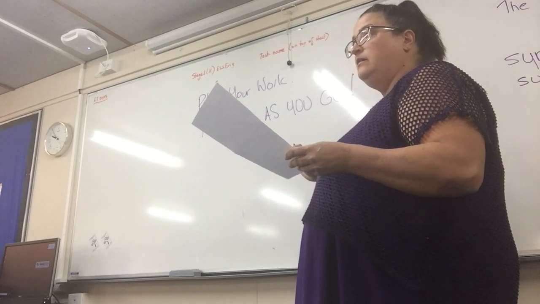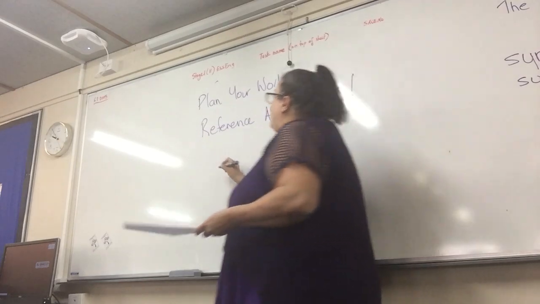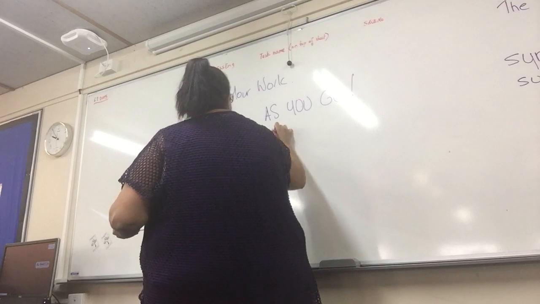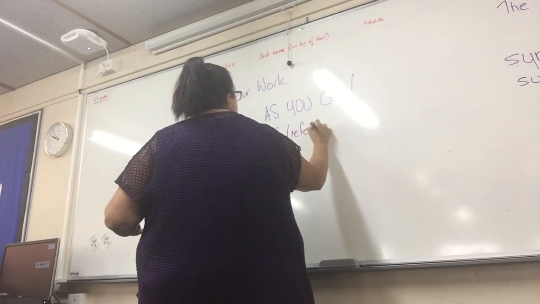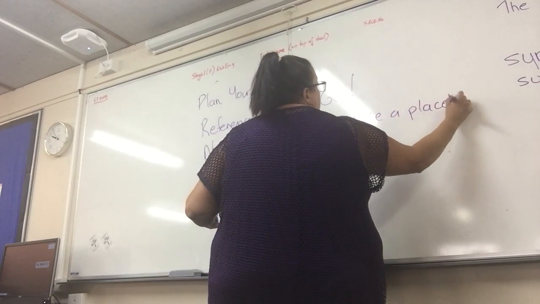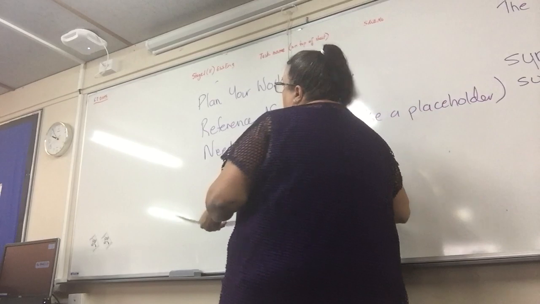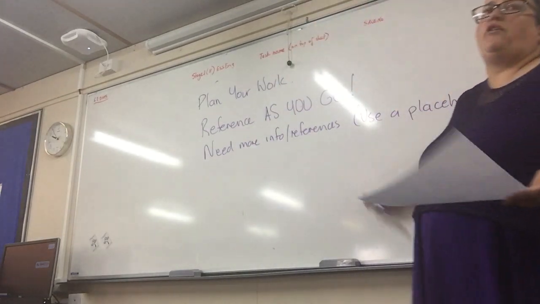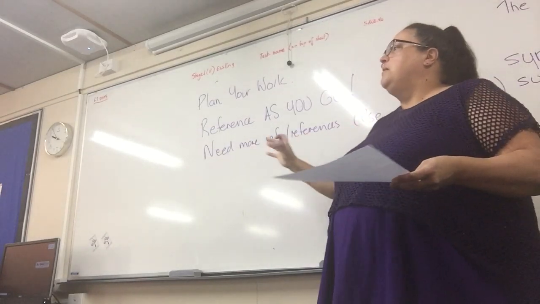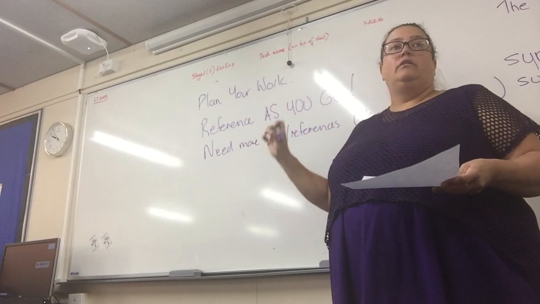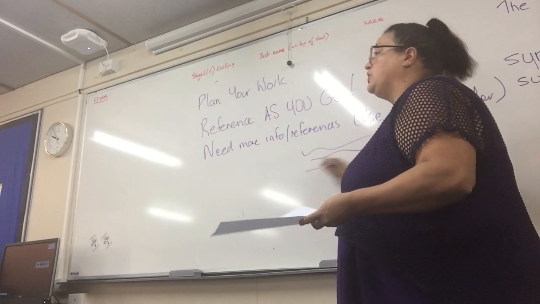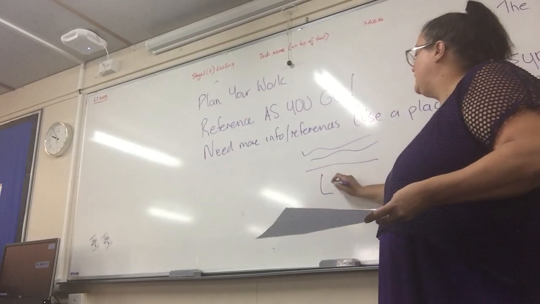Having said that, if while you're putting this together, you find that there's an area that you need more information or references for, use a placeholder. And what I mean by that, okay, you're writing key finding number 2 and you're down to the second paragraph and you think it's going to be on this particular topic, but you're finding that you haven't actually got enough references or enough detail or enough information, okay, give me a little bit of what you do have and then put a note in.